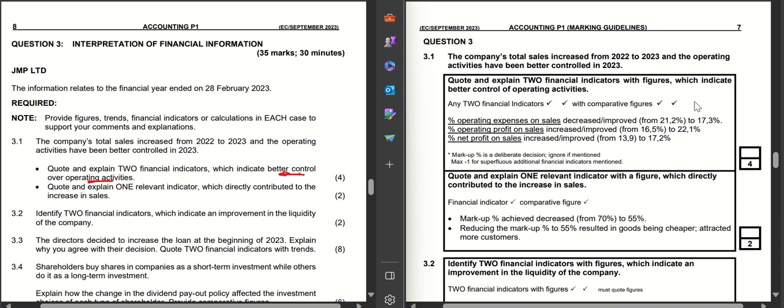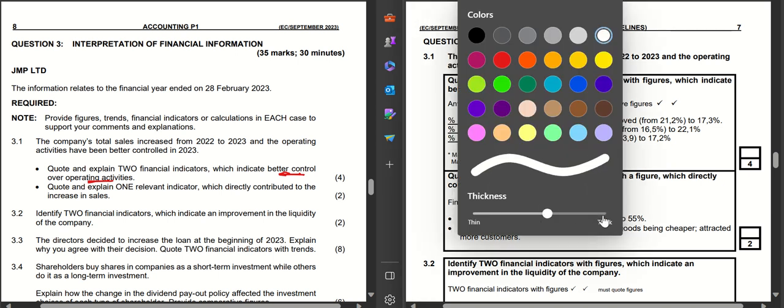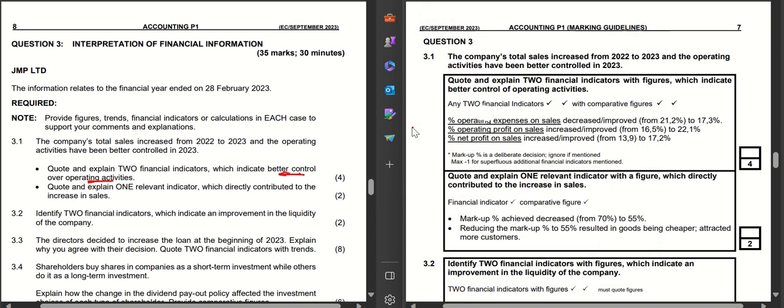I want to highlight that when you are commenting on your financial indicators, you have to remember these things: you need to mention the name of the financial indicator. Okay, so you will need the name, and you will need the trend, that is, has it decreased or improved, and you need the figures.